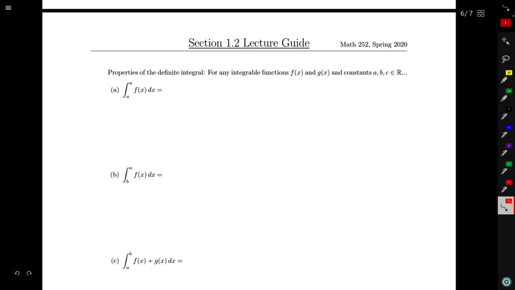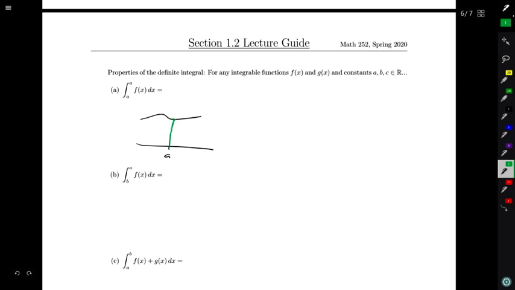So what we want to first think about is this integral from a to a. This maybe seems like a strange sort of thing. So far, we've been looking at functions which you can integrate on some interval from a to b. But if we're thinking about how much area is under the curve between the x values of a and a, we're getting a vertical line here.